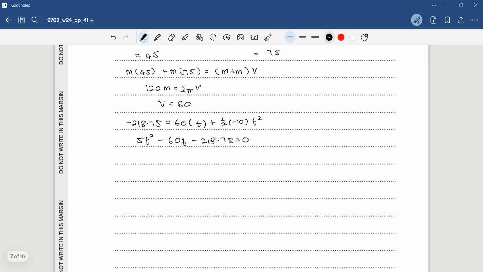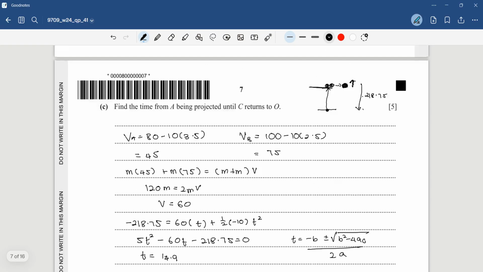Okay, then you can use your quadratic equation, which is T equal to negative b plus minus square root of b squared minus 4ac, over 2a. Therefore, your T is equal to 14.9. But the question here is asking, find the time from A being projected until C returns. So from the time that you start here, go up, coalesce, go up and down.